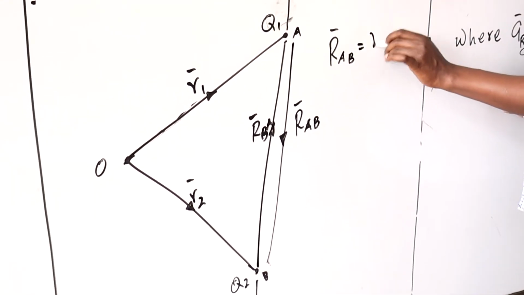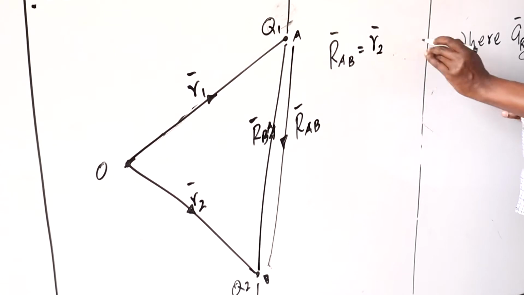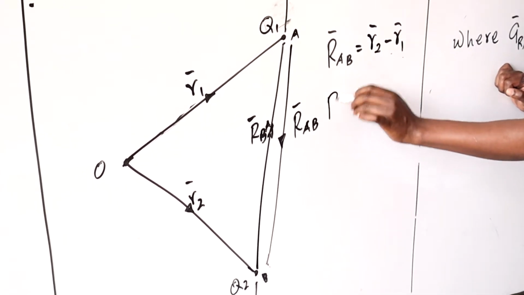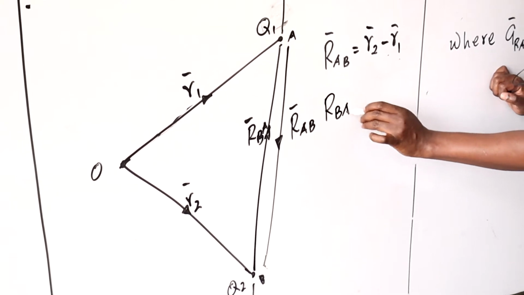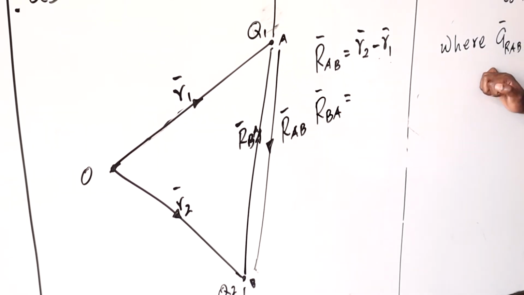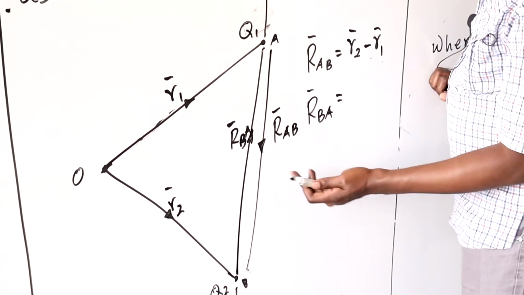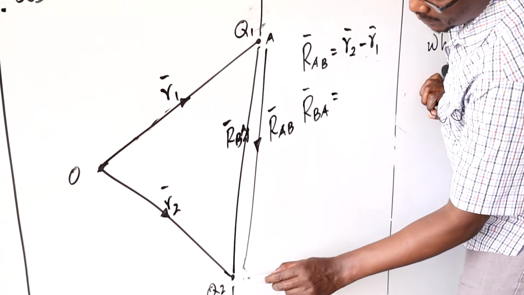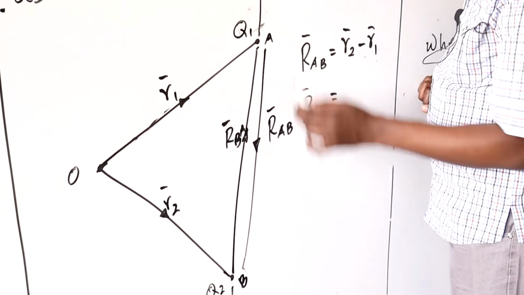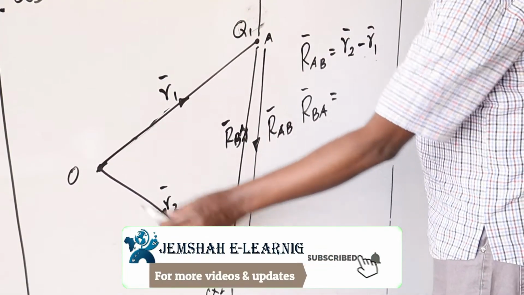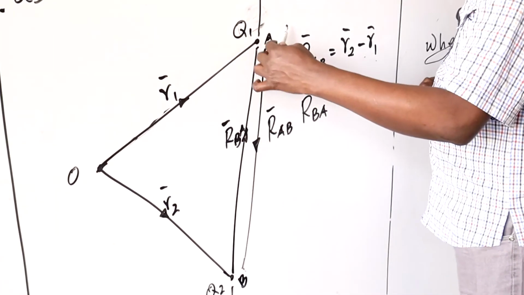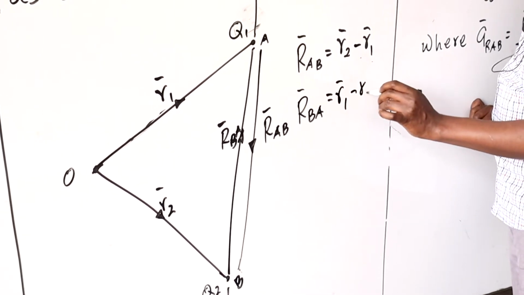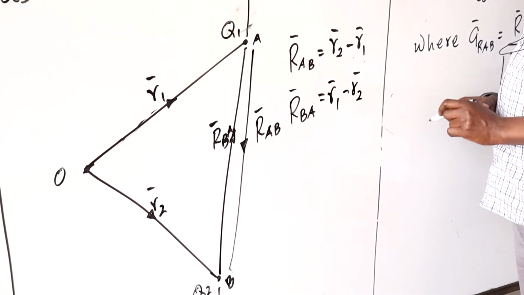Or rather, it is R2 bar minus R1 bar. Similarly, R_BA bar is equal to, now R_BA, I'm moving from point B, which is this, going to point A. So it's the negative of R2 to the positive of R1. So we are saying that it is the positive of R1 minus R2.